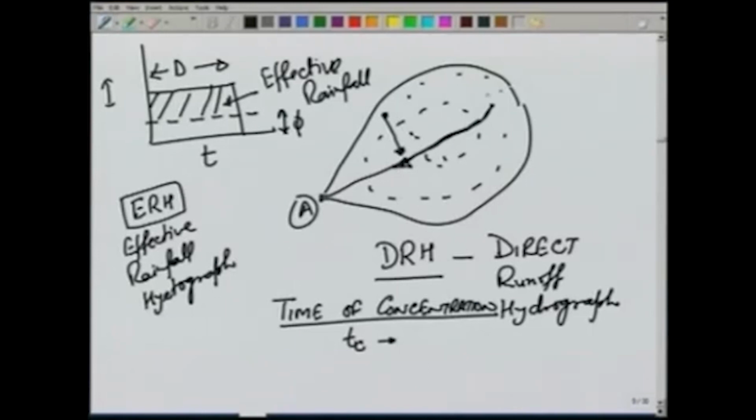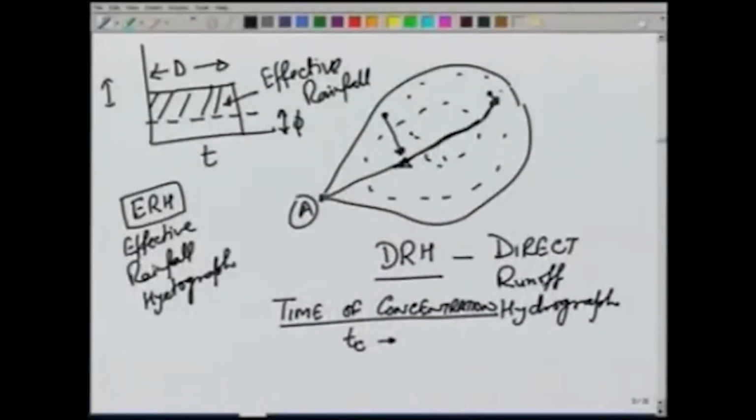A water drop falling here may move here and then follow the stream. Typically, the velocity in the stream is much higher than the velocity over land. So, what we say is that overland flow typically moves at a smaller velocity compared to the stream flow.